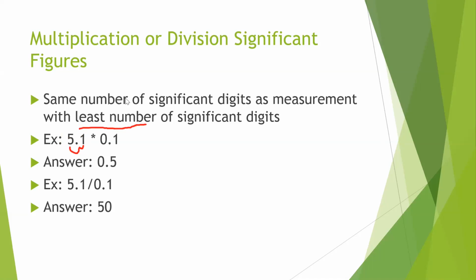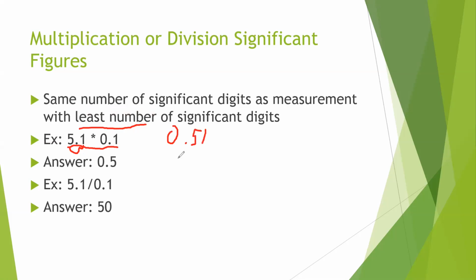So we want to take the least number of significant figures, which is how many? Do we round our answer to 1 or 2 at the final answer? Yep, I see you guys got it right. The least number is 1. So what we do is we put this in a calculator, or if you could do it in your mind, you can multiply it out: 0.51.